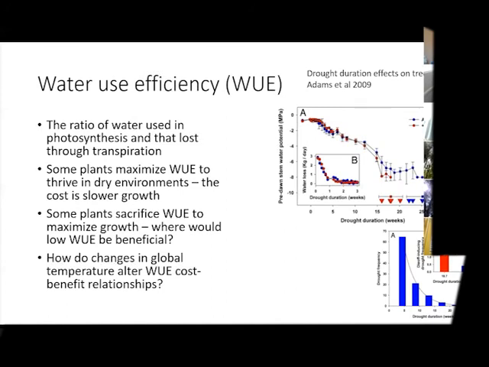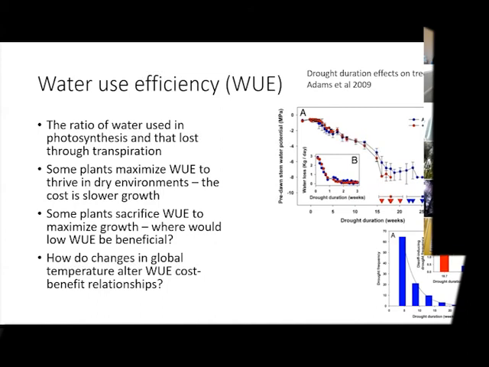Yeah. One of the last concepts I want to introduce here is something that you'll hear sometimes, which is water use efficiency. Plants vary in how efficiently they turn one molecule of water into, say, one unit of fixed carbon. This is the ratio of water used to photosynthesis gained.